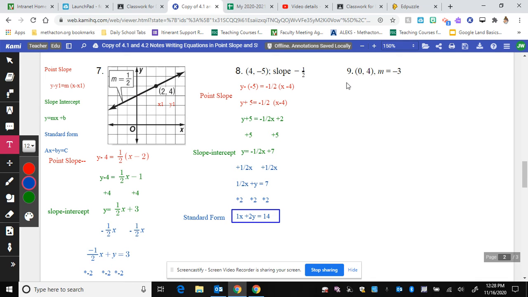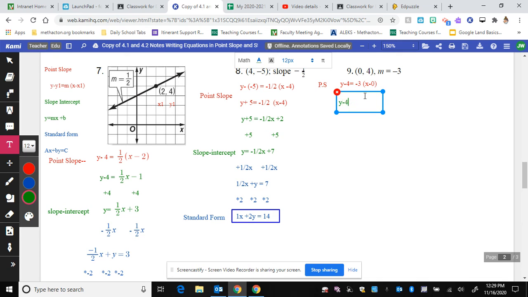All right, so number 9. Again, we want to start with point slope. So we're going to do y minus 4 equals -3 times x minus 0. There's nothing here to really simplify, so right off the bat, you are in point slope formula. So I can jump to my next, which is slope intercept. So in order to do this, first thing I want to do is distribute that -3.